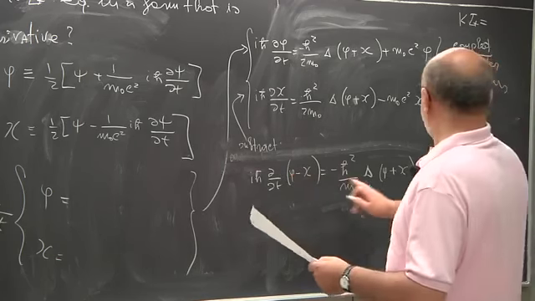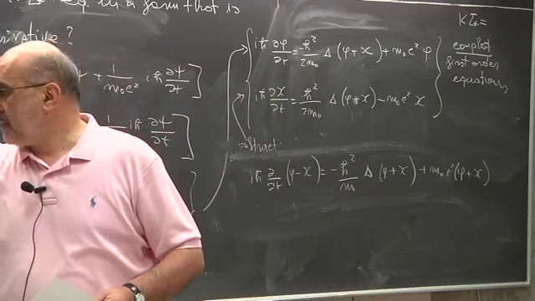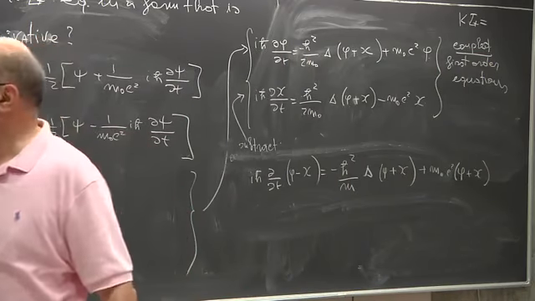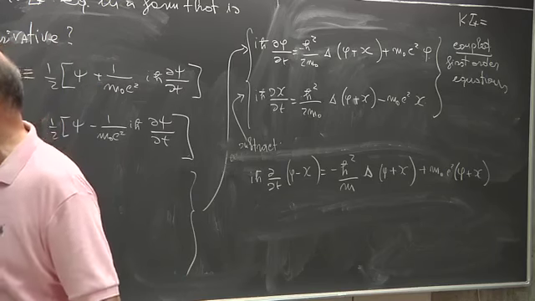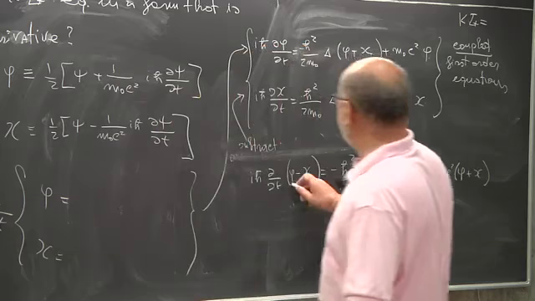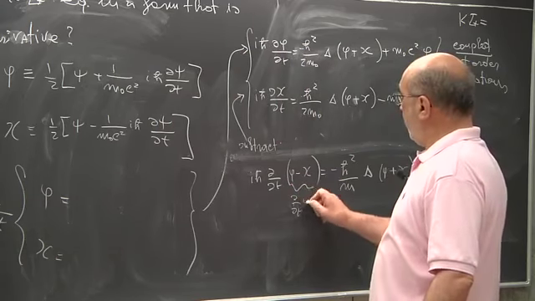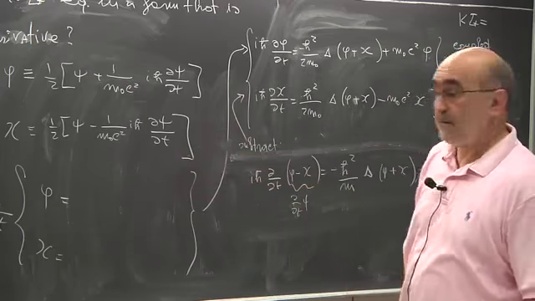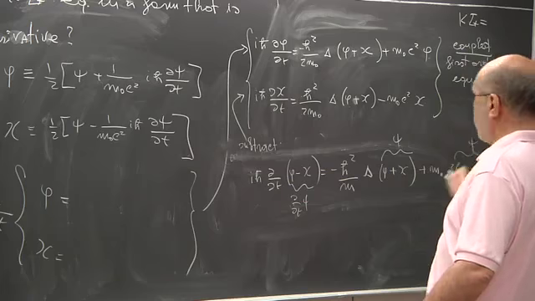Okay. Now we have got this equation. Now let's use this. Every time I have phi plus chi, I replace it with psi. And every time I have phi minus chi, I replace it with the derivative. So here I replace with the first derivative of psi, more or less, modulo some coefficient. Here I replace with psi, here I replace with psi.